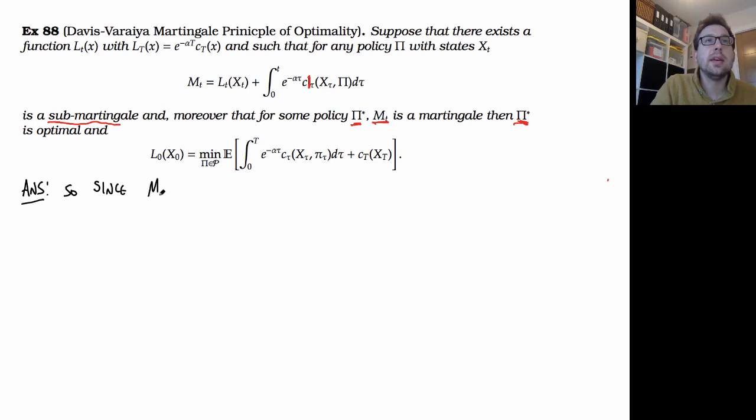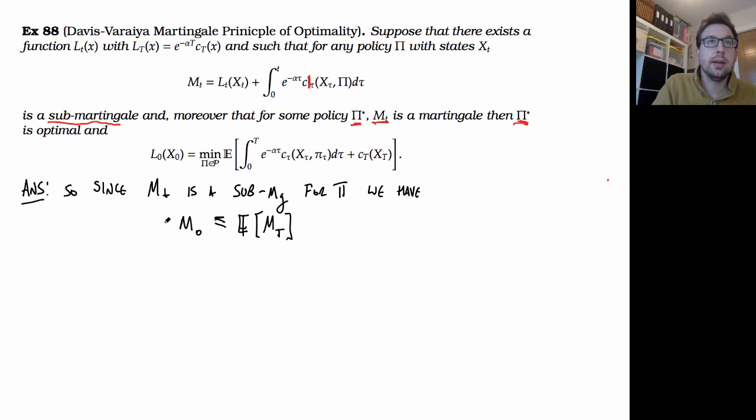Since M of t is a sub-martingale, where I use M to mean martingale, for a policy pi we have that M of 0 is less than the value of the martingale at the final time, M of T. Okay? And by definition, this integral is 0 at time t equals 0, so we're just left with L of 0 of x of 0 here.